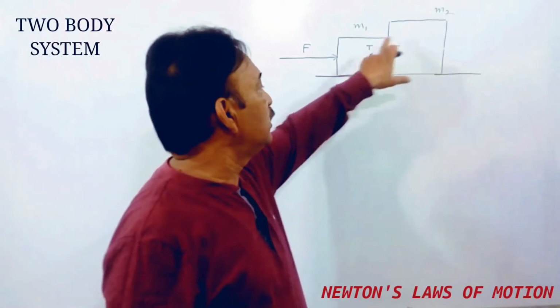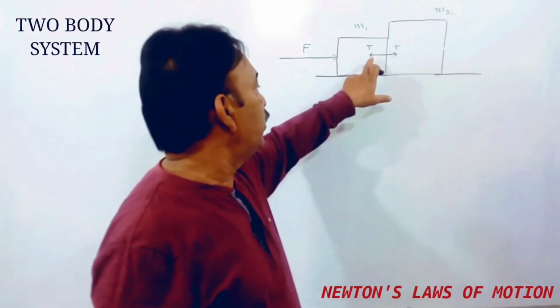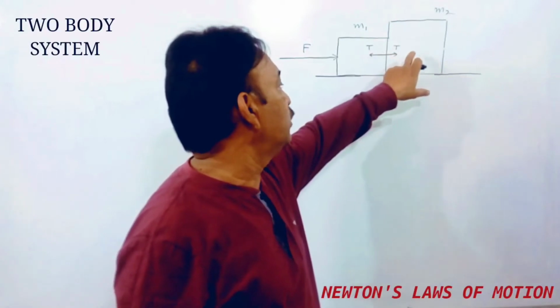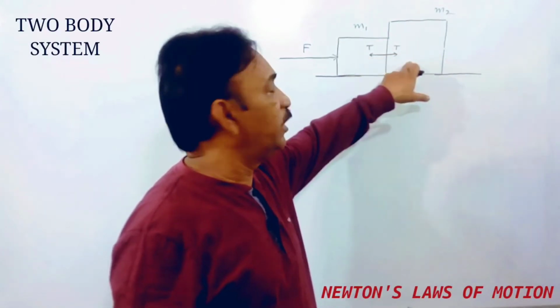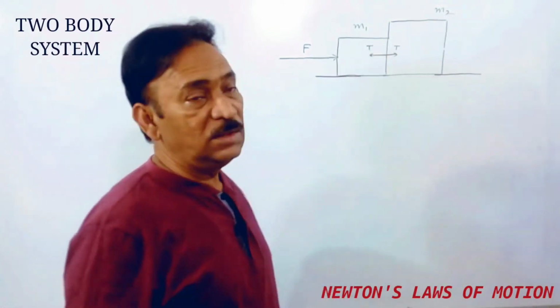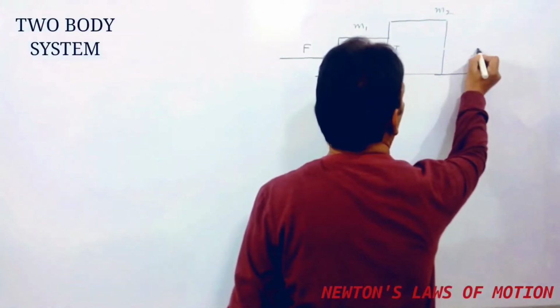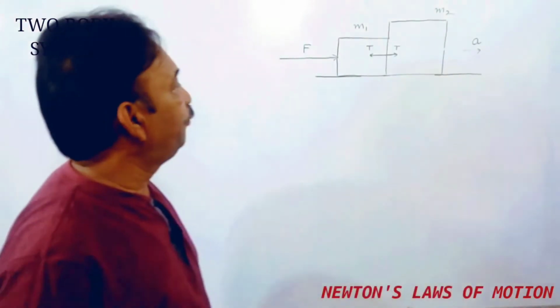The force it causes on this body, the same force this body applies back. That's why we mention them as T and T, both acting in opposite directions. Since the two are in contact, they move with a constant acceleration A.